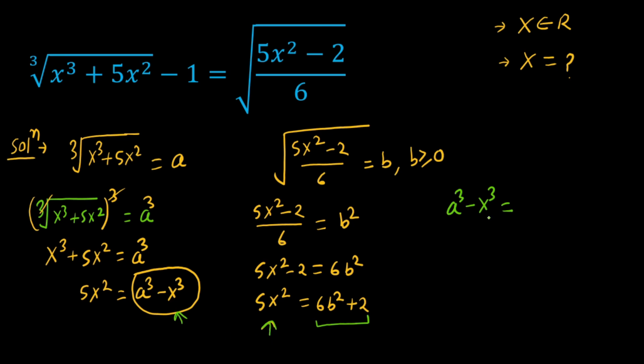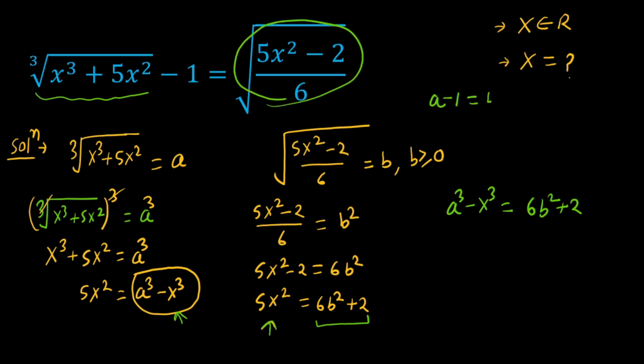On the right hand side we have 6b^2 + 2. Now the given expression is a - 1, which equals b.